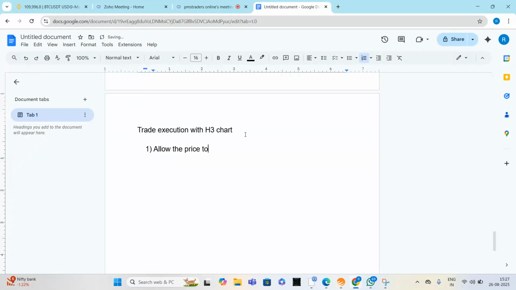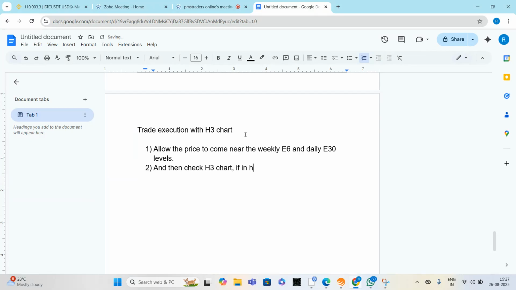Allow the price to come near the weekly E6 and daily E30 levels, and then check H3 chart.